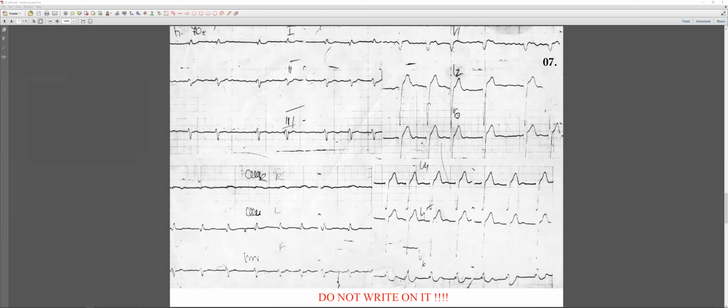And pathological Q waves. No pathological Q waves? Except in V1, V2, V3, V4, V5, V6. So that is V6 in V5, up to V5. See? Okay.